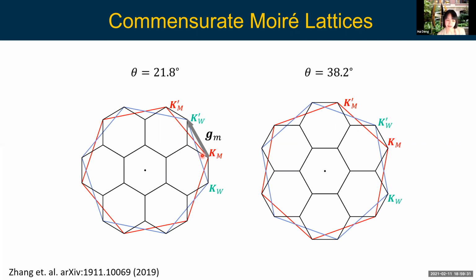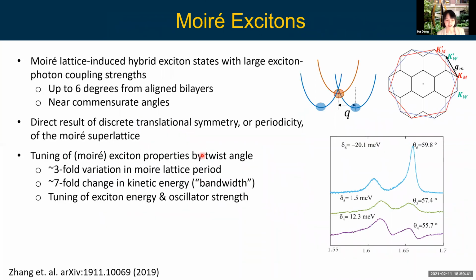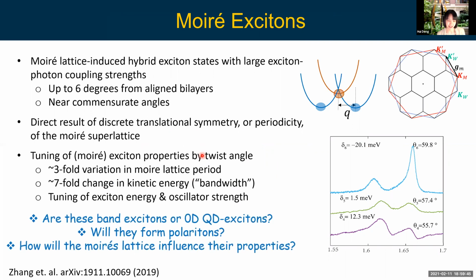And that again makes them strongly coupled, even though they have a large displacement in K-space. And that's also what we have seen. That gives us very strong evidence that such a Moire superlattice has actually formed.